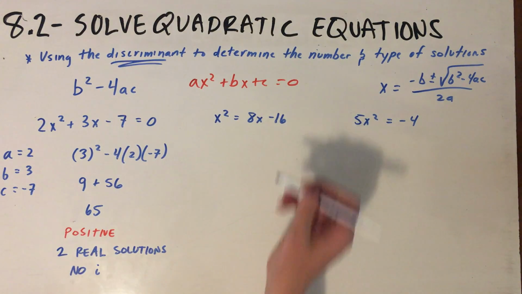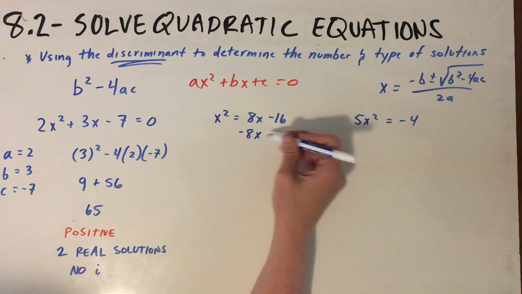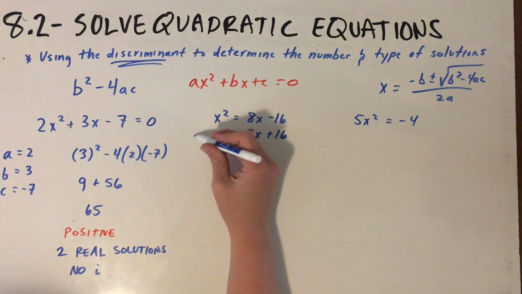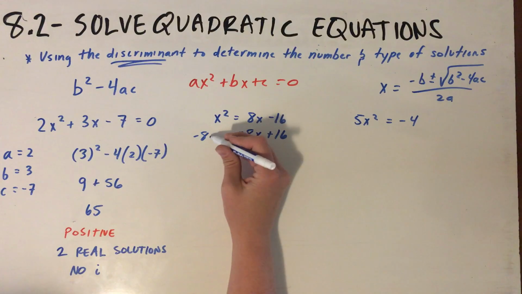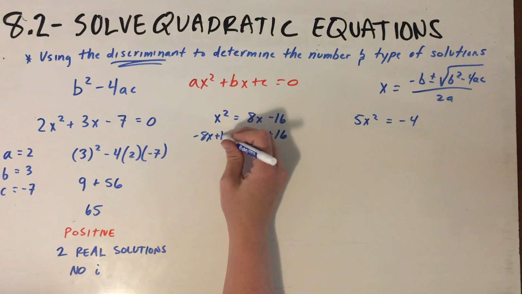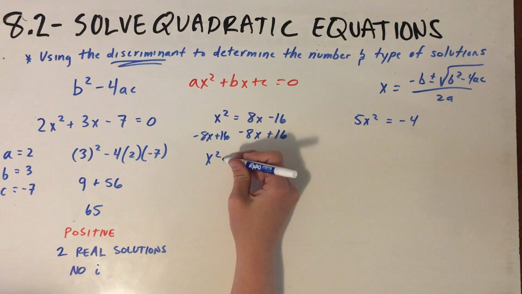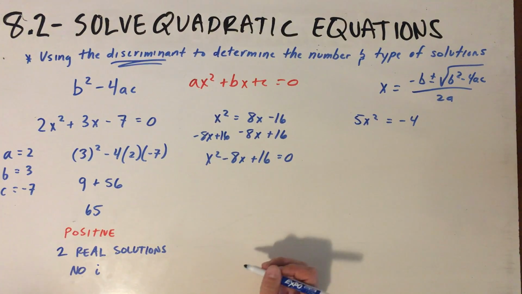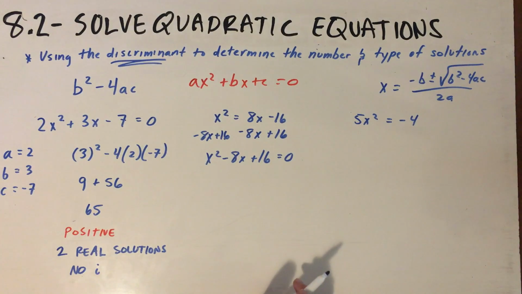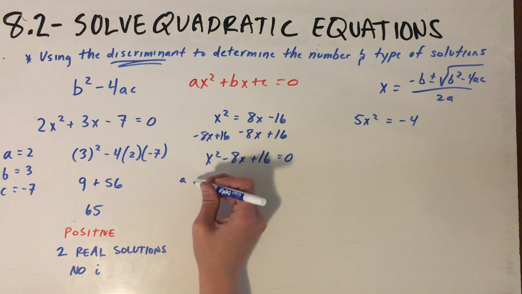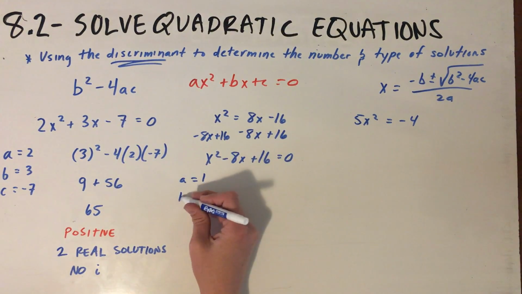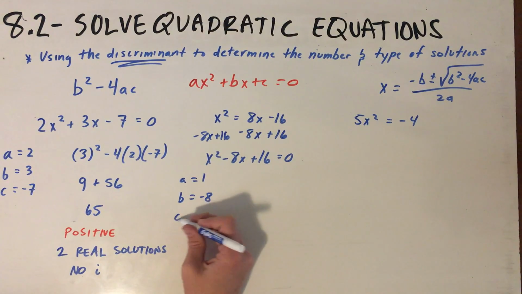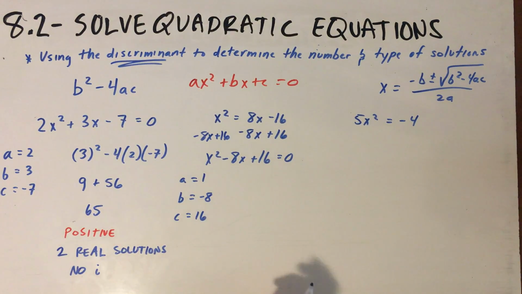So you'll just have to identify what type of solutions you would get by using the discriminant. Here, to use the discriminant, I'm going to have to put this in this form right here. So we will get that x squared minus 8x plus 16 is equal to 0. And now I can identify a is 1, b is -8, and c is 16.